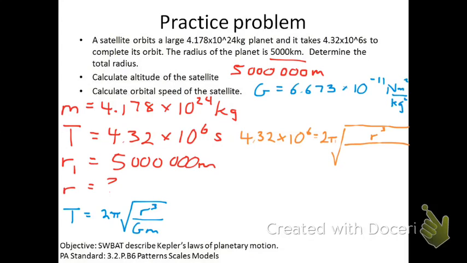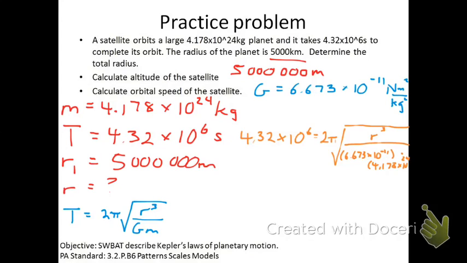That's going to be the total radius. And we know g, which is 6.673 times 10 to the negative 11, multiplied by the mass of the planet, which is 4.178 times 10 to the 24. I apologize, I did kind of run out of room there.